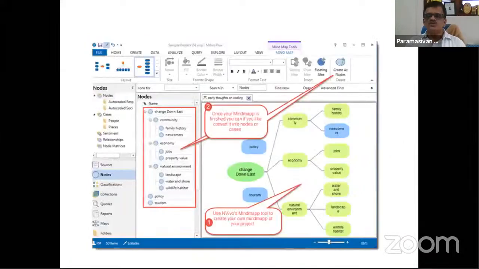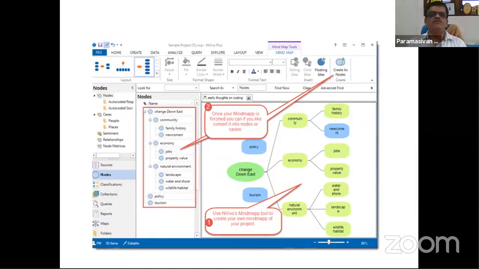The mind map you are getting through your NVivo software, because this is the final output of the NVivo software. Initially, you will be inputting all your verbatims together. From the verbatims, you will identify which repeated words are coming up in NVivo.